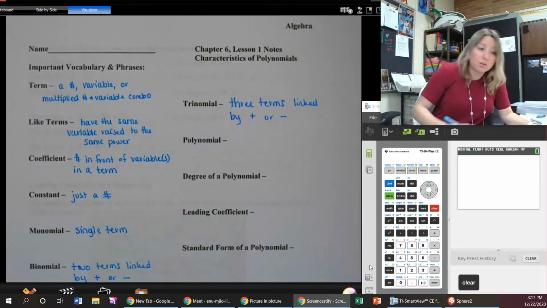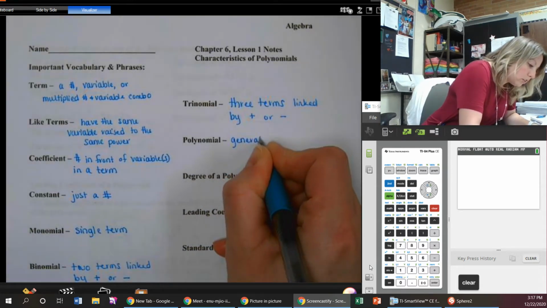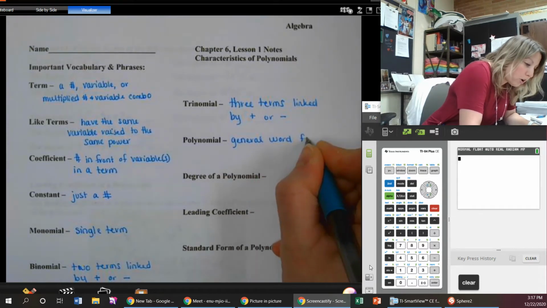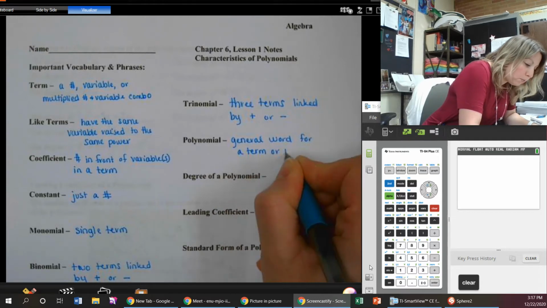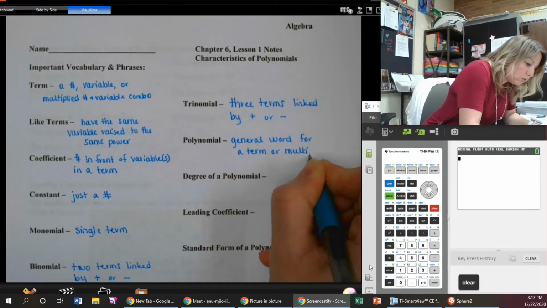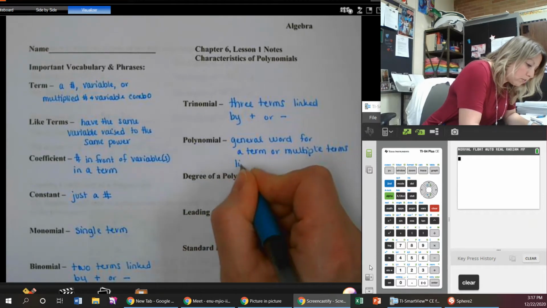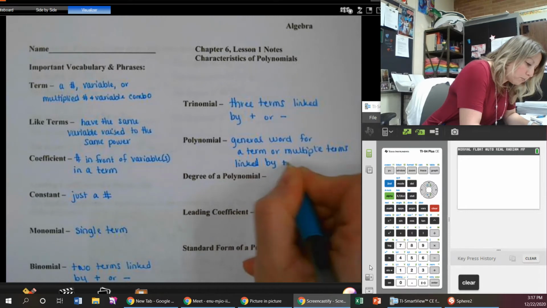A polynomial is the general word for a term or multiple terms linked by plus or minus signs.